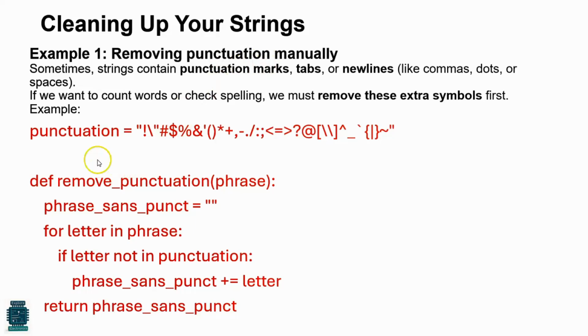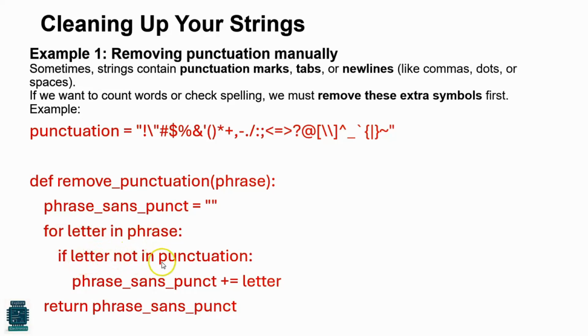Let us see with the example. Here we have taken all the punctuation marks. List all the punctuation marks here and define remove_punctuation(phrase). It starts with an empty string, which is phrase_sans_punctuation. For letter in phrase, which means it loops through each letter in the phrase.